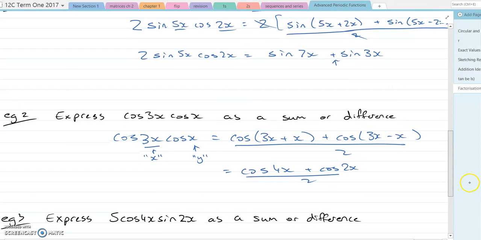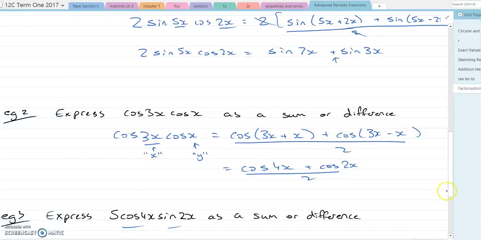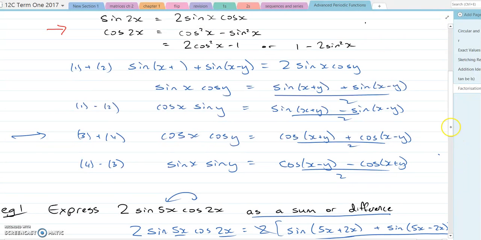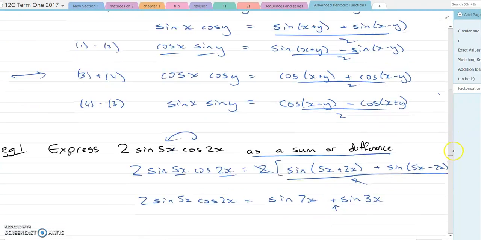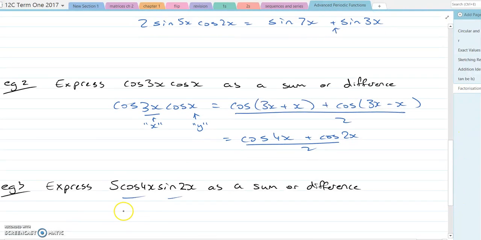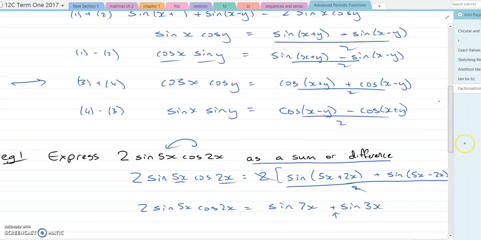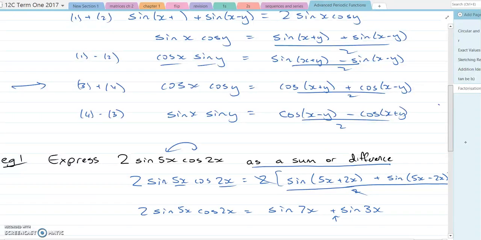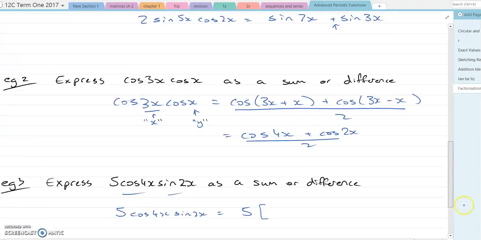Anyway, cos, sine. So let's do this one. 5 cos 4x sine 2x equals 5 times, what's that one again? Cos and sine is sine plus, sine minus.